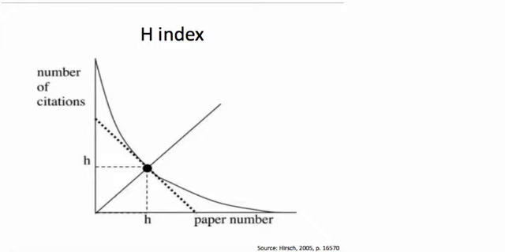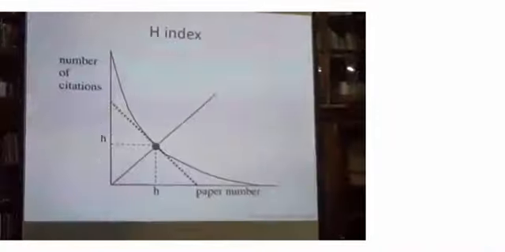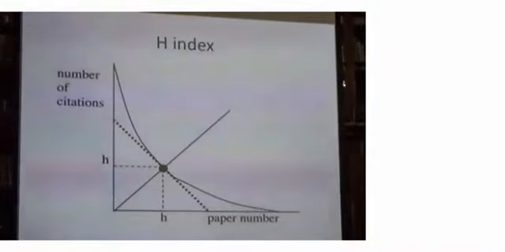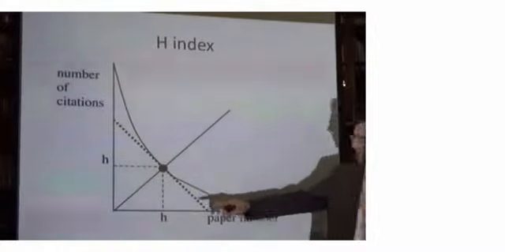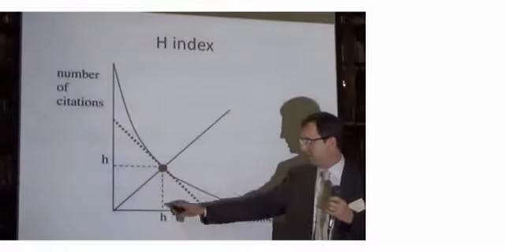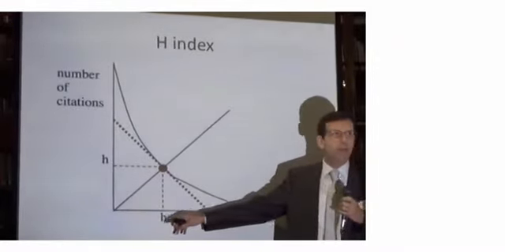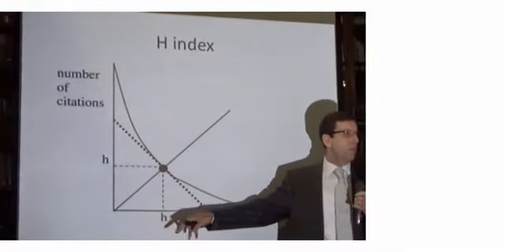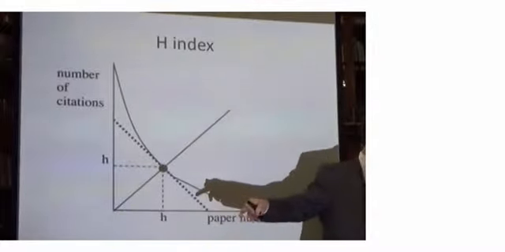Now, the other measure that has been in use since 2005 is what's called H-index or Hirsch index. I'm sure you are familiar with this. It's basically what counts is the area here. So in other words, you will have n number of articles with at least n citations.